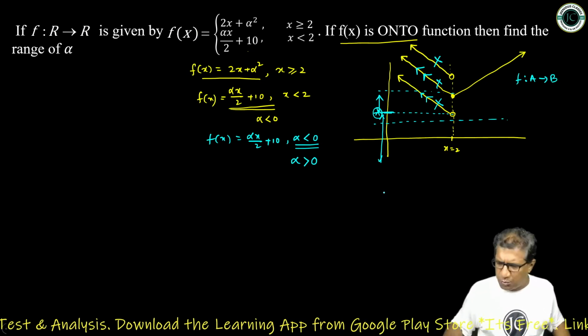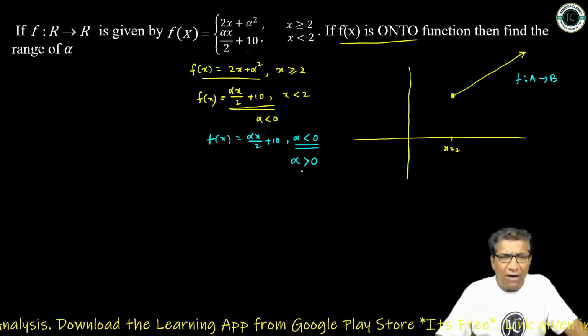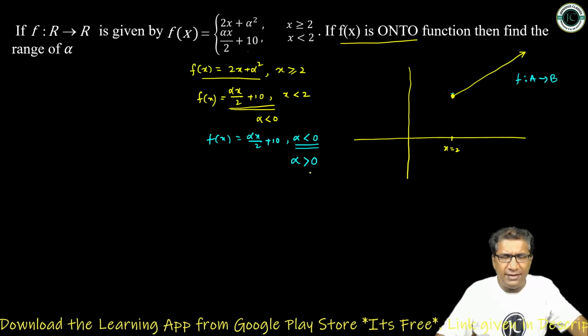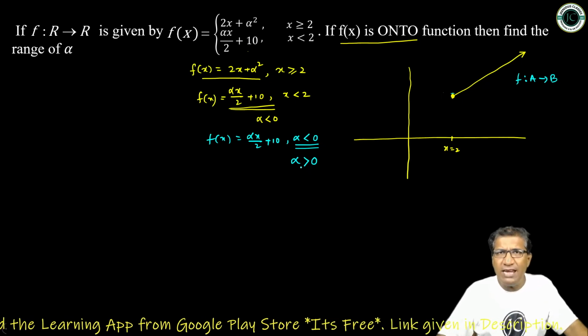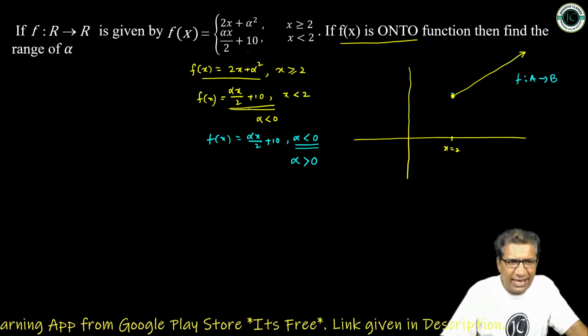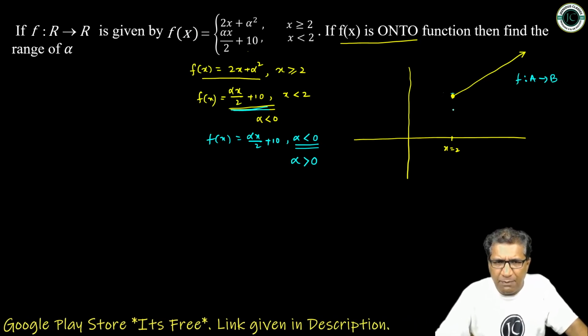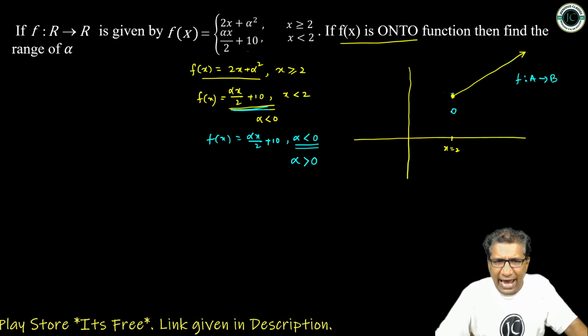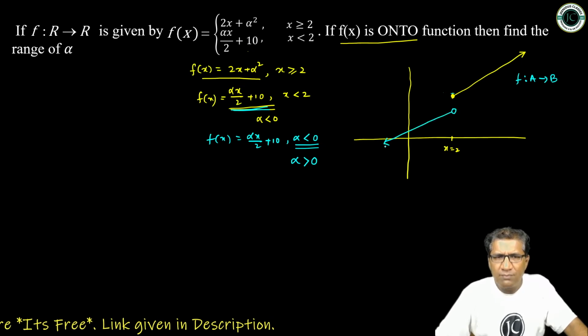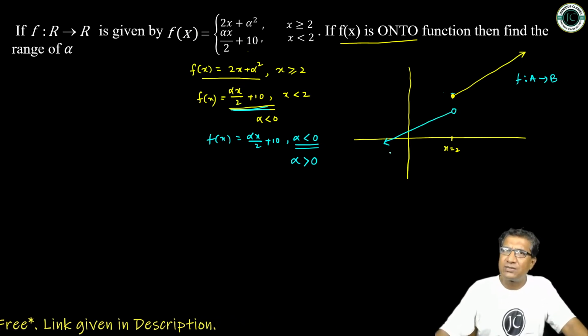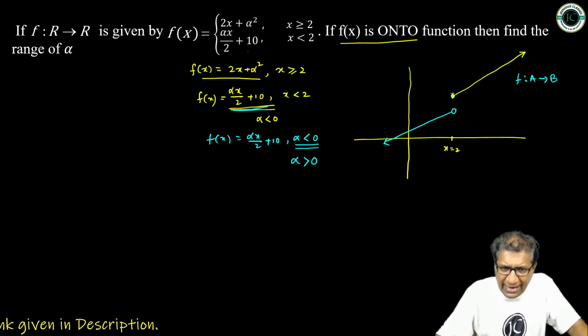Let me erase this portion. Now children, if alpha is greater than 0, then this line will have a positive slope. So the straight line can be like this, or it can look like this.